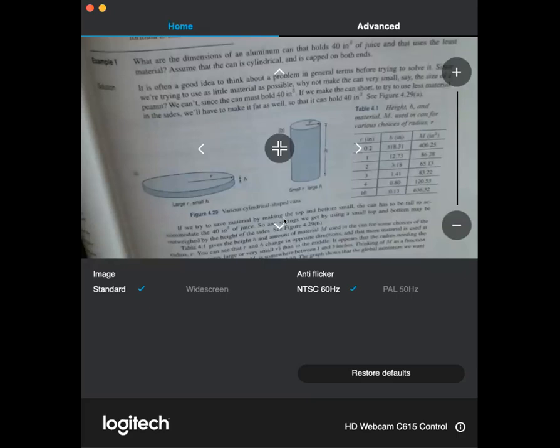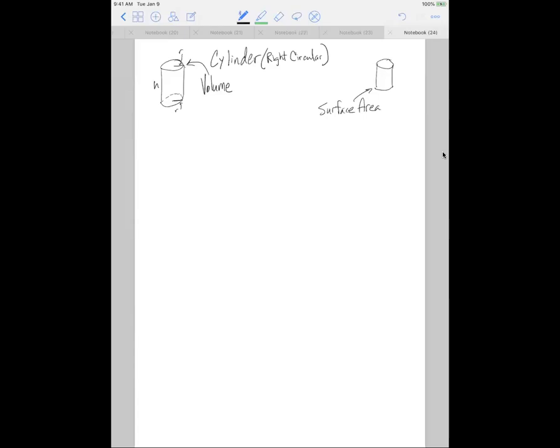That's talking about surface area. So the two formulas we're going to need are surface area and volume. I'm going to take us over to my iPad now and get onto the screen. We're going to work through this problem and come up with a solution. What are the dimensions that optimize that circumstance?